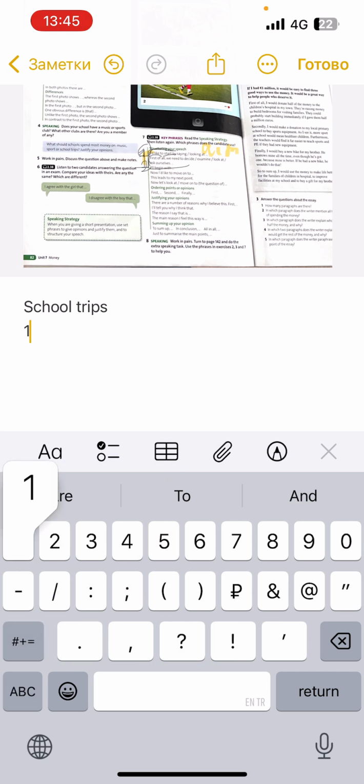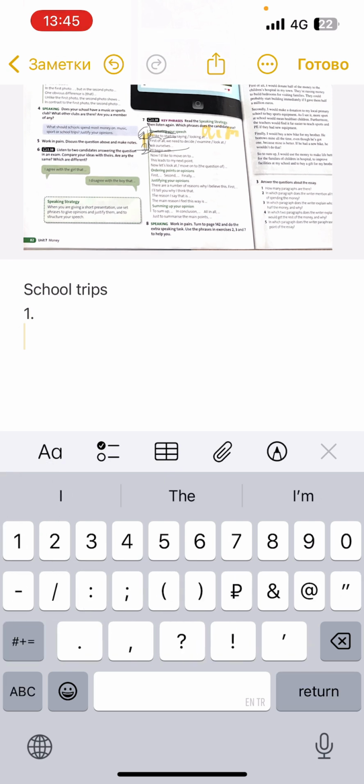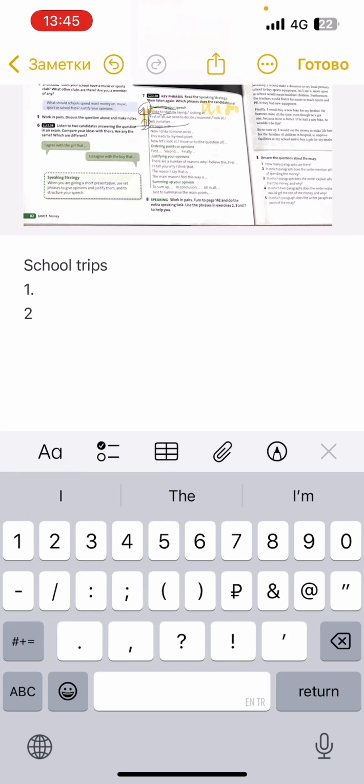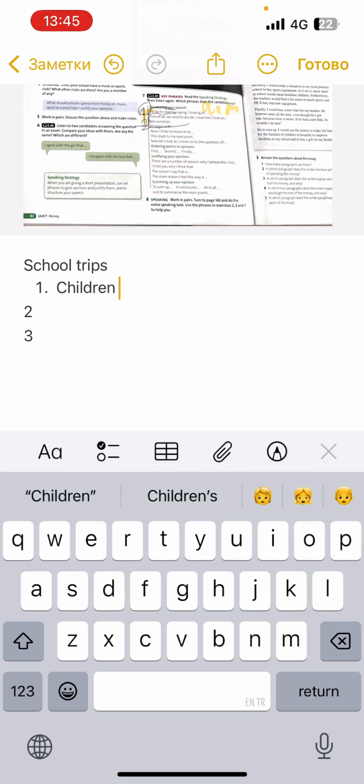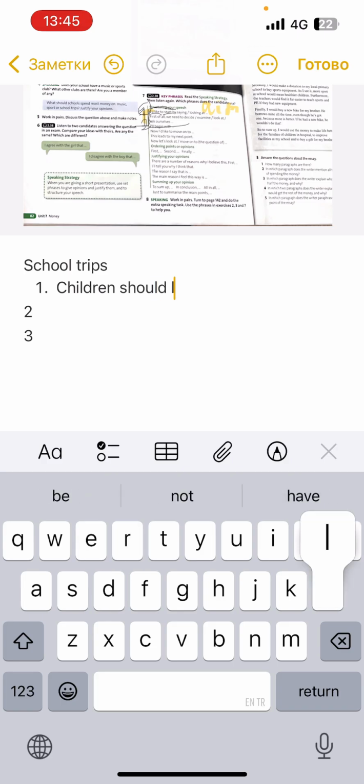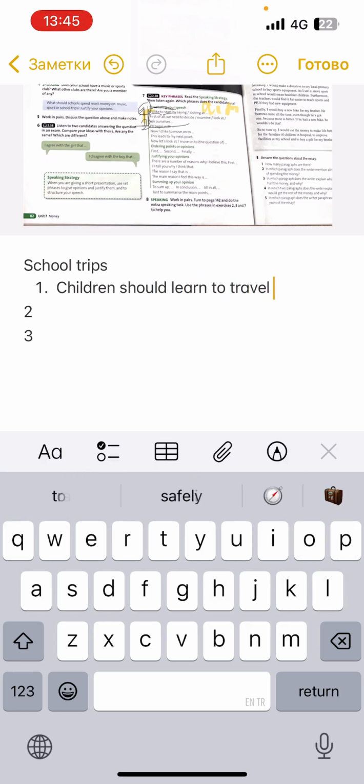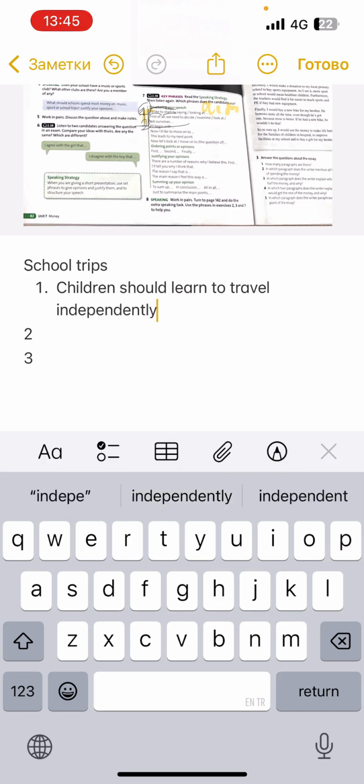First reason, there are going to be three reasons. First reason is children should learn to travel independently. So there are no parents to look after them. Only teachers, but they will still be more independent.